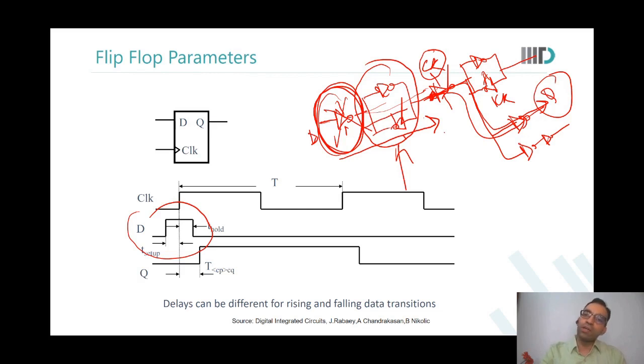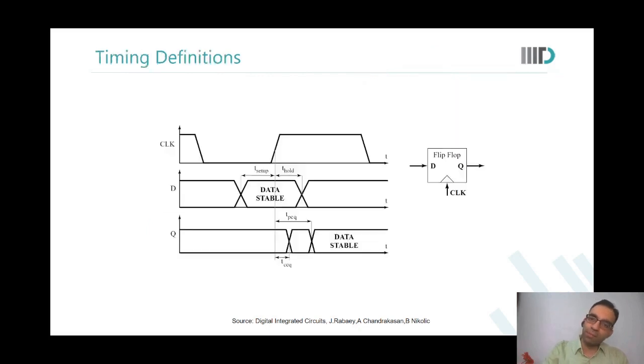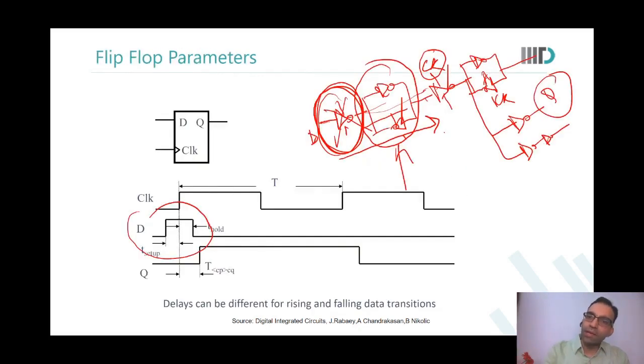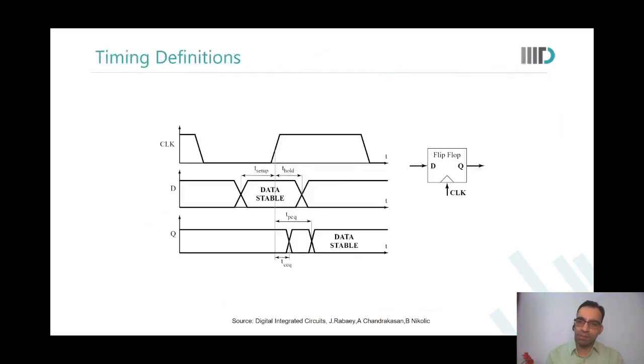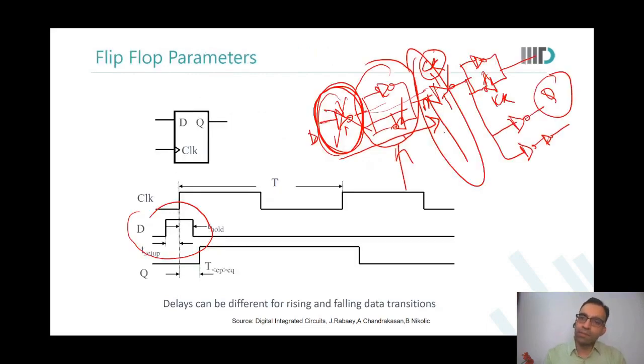However, if the input of this second tri-state is not stable, then there could be some extra delay between CK to Q.